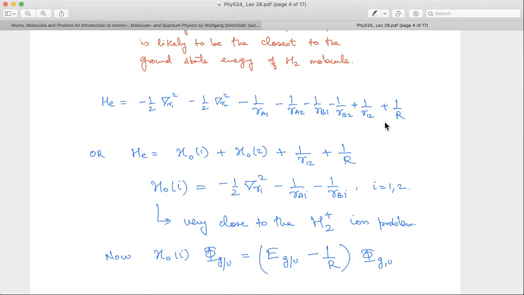Right, because remember that ψg we just constructed from a linear combination of hydrogen atom wave functions, right? Yes, sir. ψ1s(r1) plus ψ1s(r2) by root 2. Atomic orbitals. So there was no capital R there. Yes.